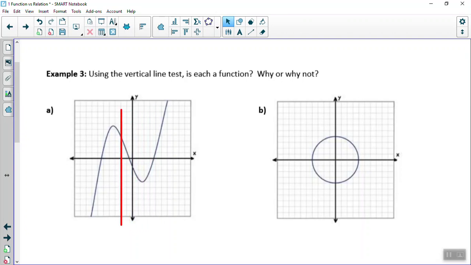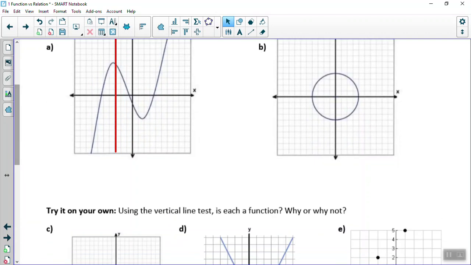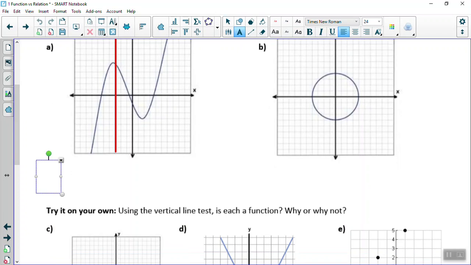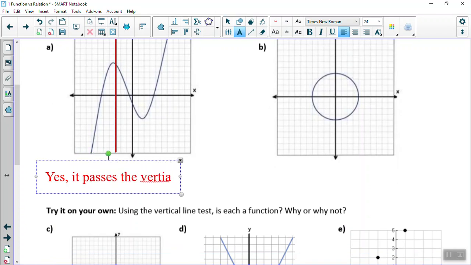Okay? Doesn't matter where we are, at any point I only ever touch the graphed line once. So we say that this one is a function. I'm going to say yes, it passes the vertical line test.